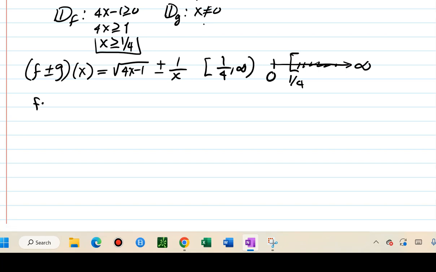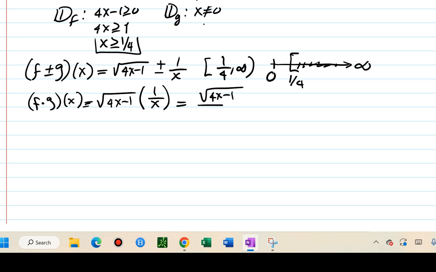Let's look at the product formula, f times g of x. Again, f is the square root of 4x minus 1 times g is 1 over x. If you want, you can write it as root 4x minus 1 over x. Again, for this one, because of the numerator, it has to be 1/4 to infinity.